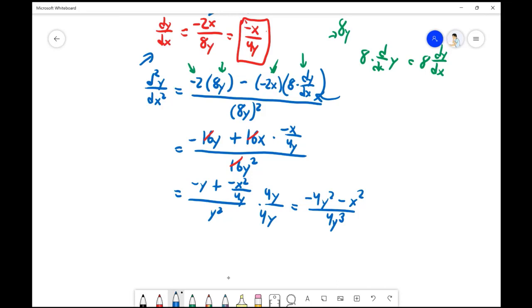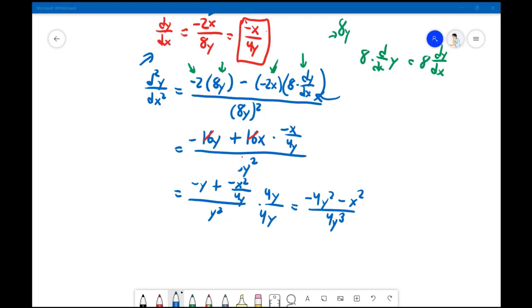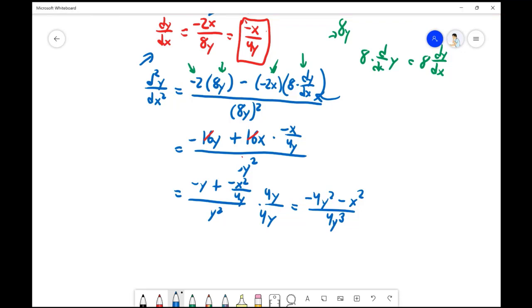Did I mess something up? I did mess something up. This 16 should be 64.